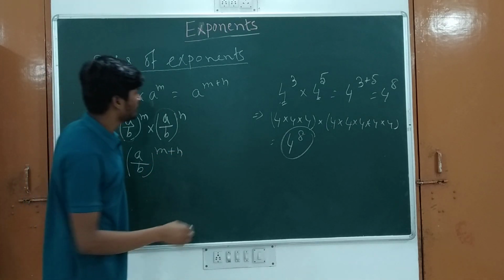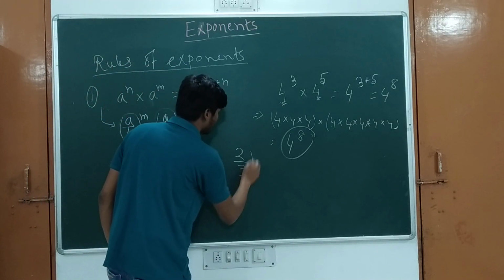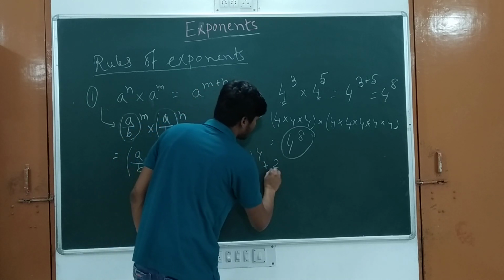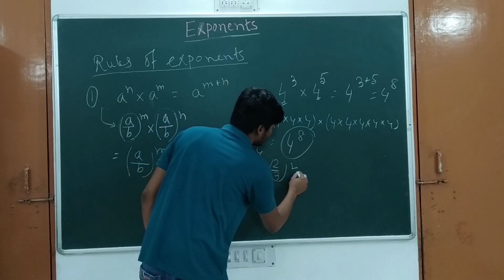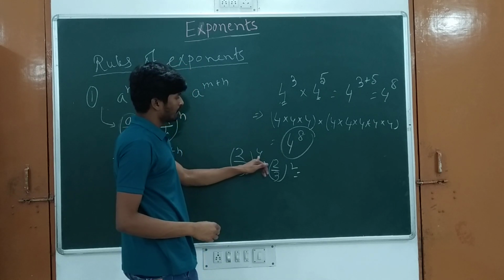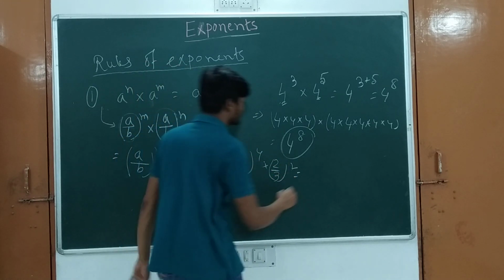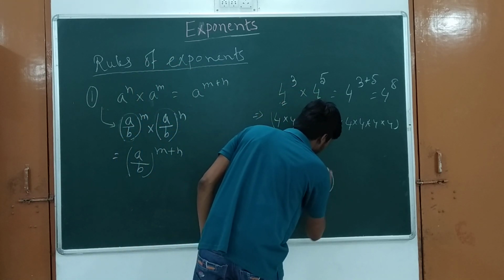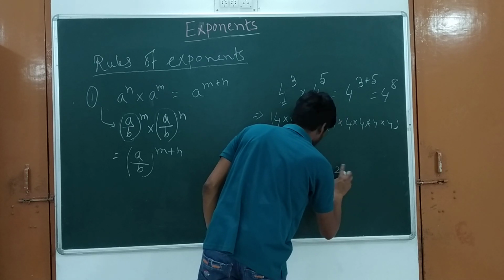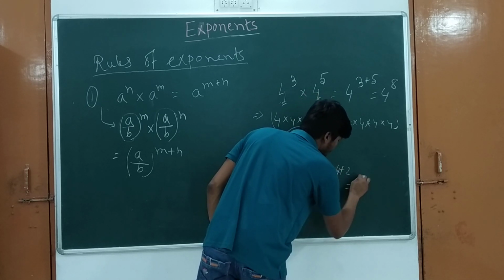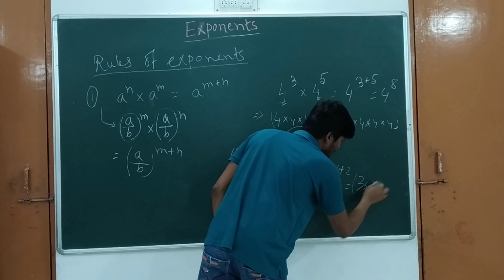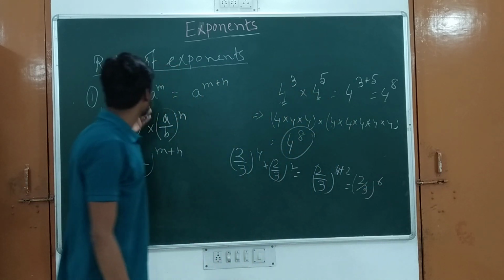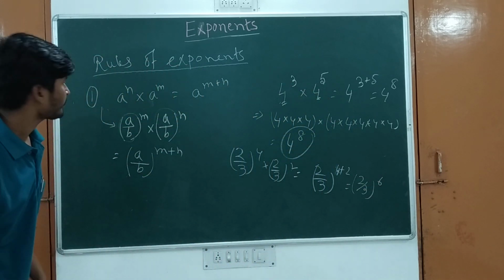With an example, 2 by 3 whole to the power 4 into 2 by 3 whole to the power 2 will be 2 by 3 whole to the power 4 plus 2, that is 2 by 3 to the power 6. So this is the rule for multiplication.